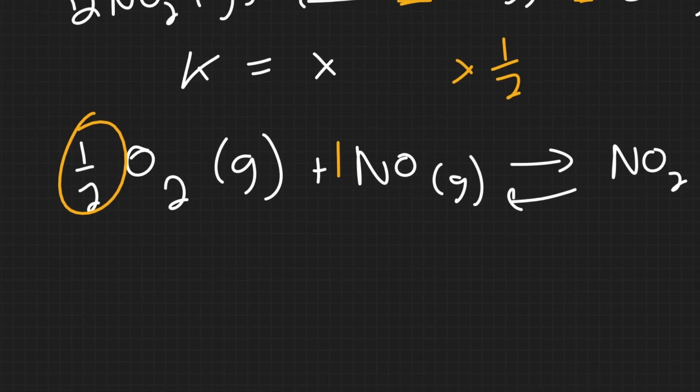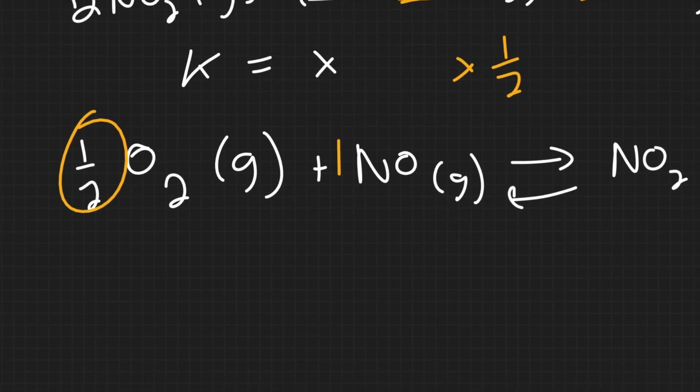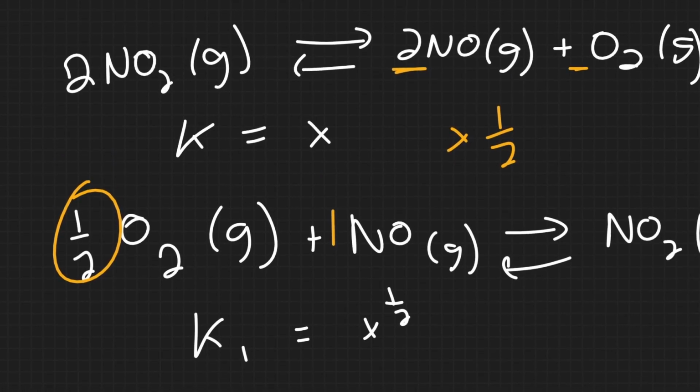When you multiply the chemical equation by a factor such as 1/2, you're going to raise your k value to that. So it would be essentially k to the 1/2. So going back here, if k is equal to x, now our k prime is equal to x to the power of 1/2, which is essentially just root x. And then the other thing that we did was we reversed the reaction.